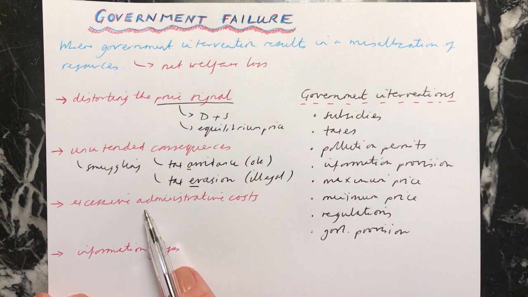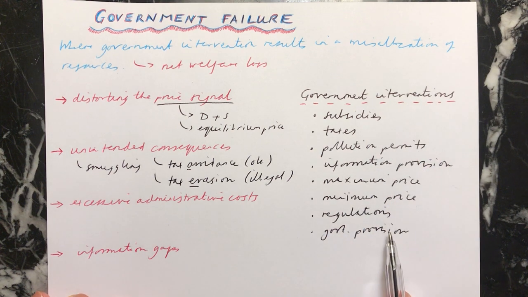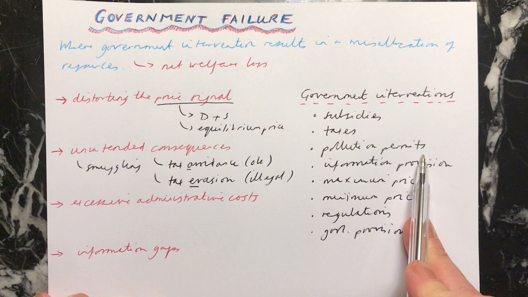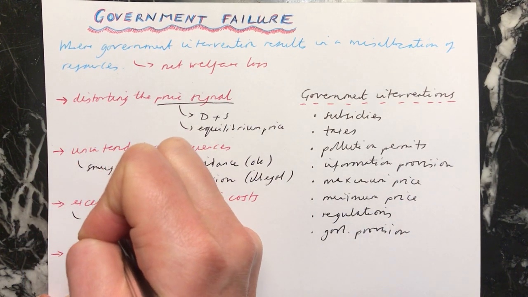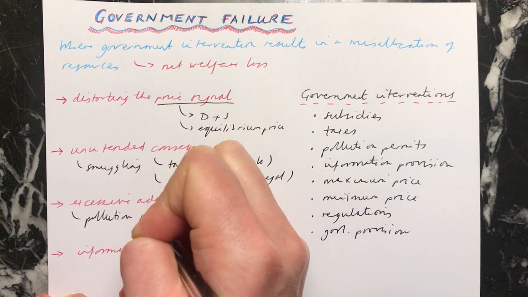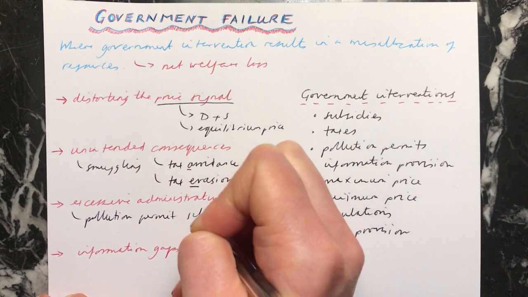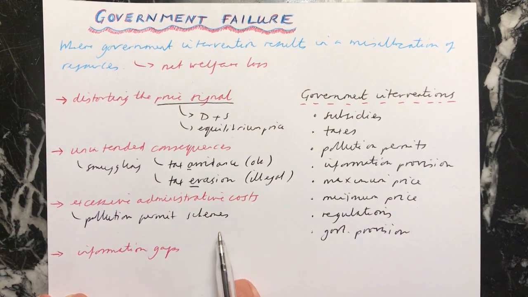The third type of government failure is where there are excessive administrative costs from putting the government intervention in place or from monitoring it. For example, with pollution permit schemes, when the scheme is set up, it's going to be very expensive initially to find out what the optimum level of pollution is, also to work out how many permits should be allocated.